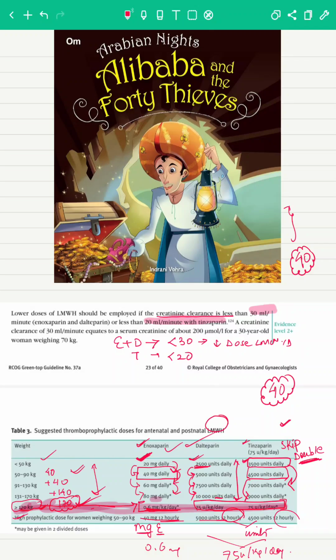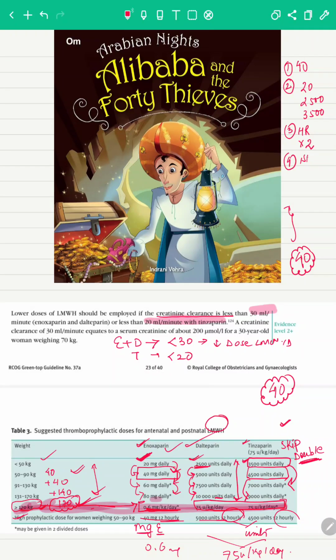So the take home messages for this chart is the golden number of 40 for the most important used dose and the age range for the chart. Then the first doses of the three tables, that is 20, 2500 and 3500. Number 3, in high risk patients we have to give a 2x dose.